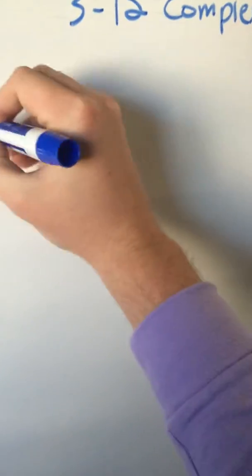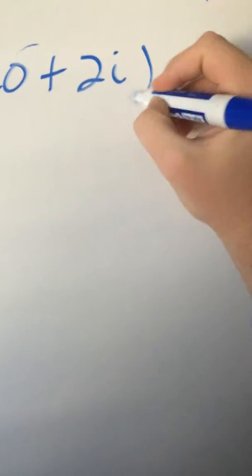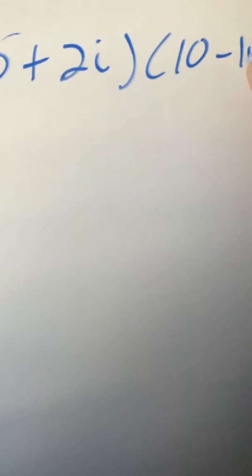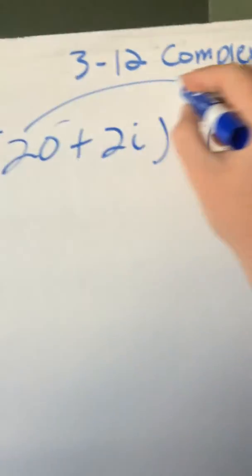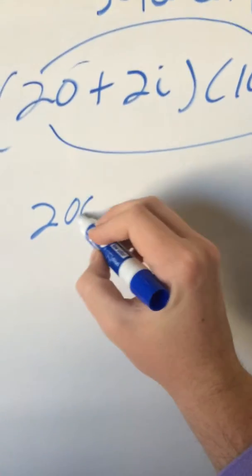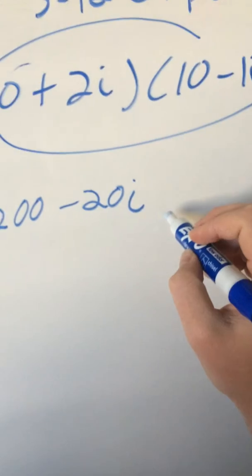Alright. Next thing is FOIL, reduce, and then combine. So let's do 20 plus 2i times 10 minus 1i. We FOIL this to this first, so we get 200 minus 20i.